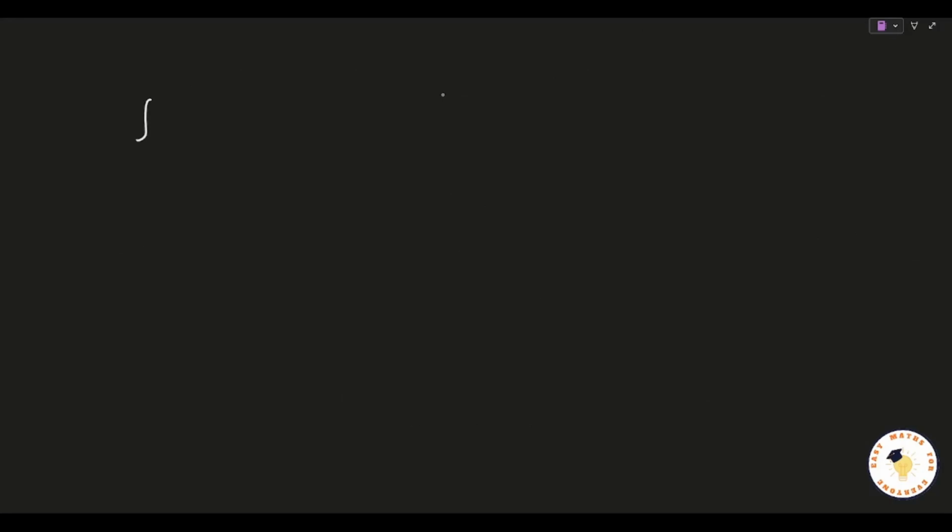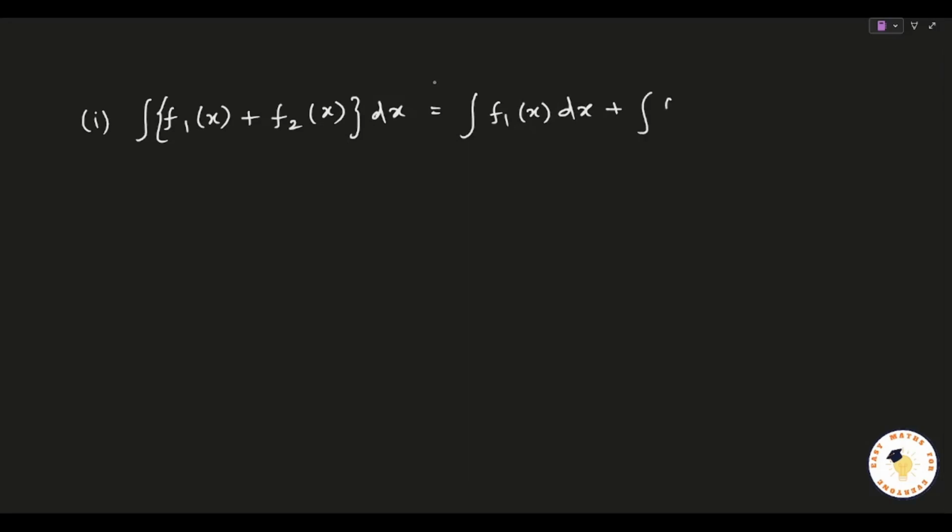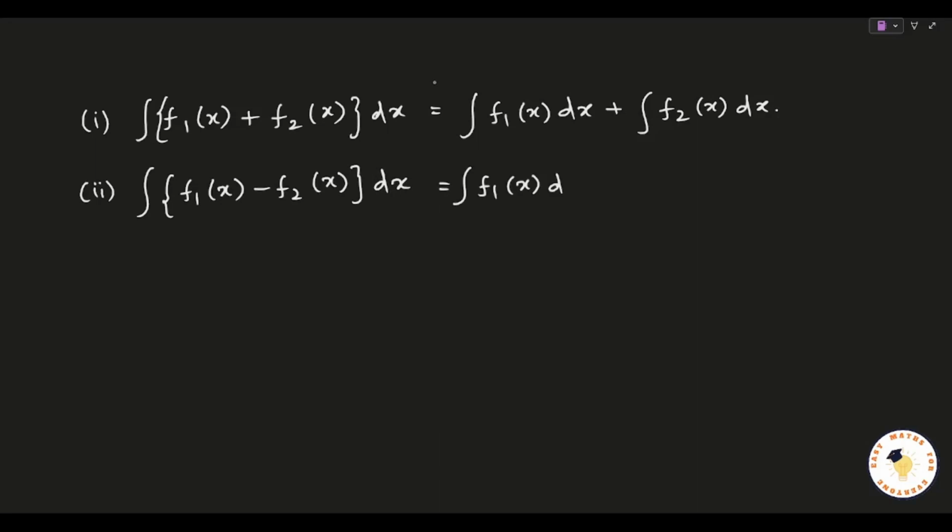In theorem 3, we have learnt two parts. One said integral of f1 of x plus f2 of x dx equal to integral f1 of x dx plus integral f2 of x dx, and part 2 said integral of f1 of x minus f2 of x dx equal to integral f1 of x dx minus integral f2 of x dx.